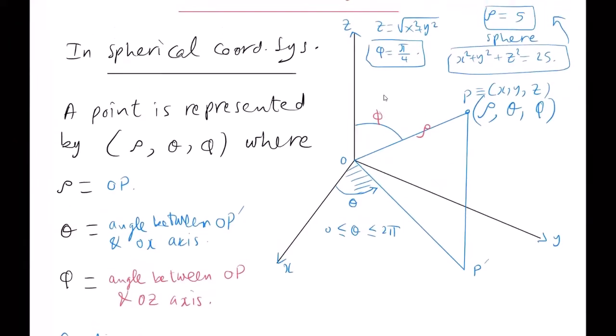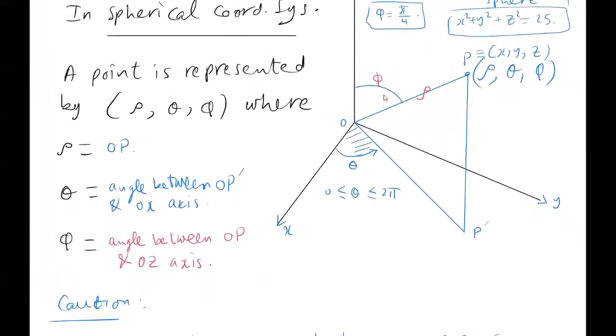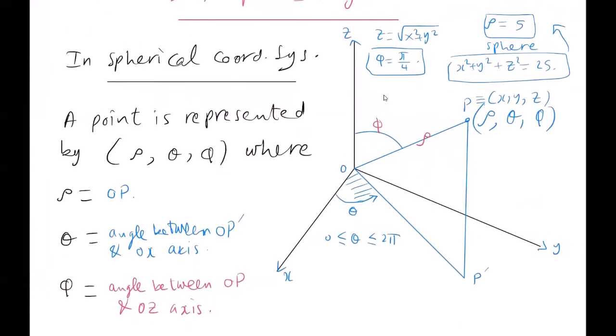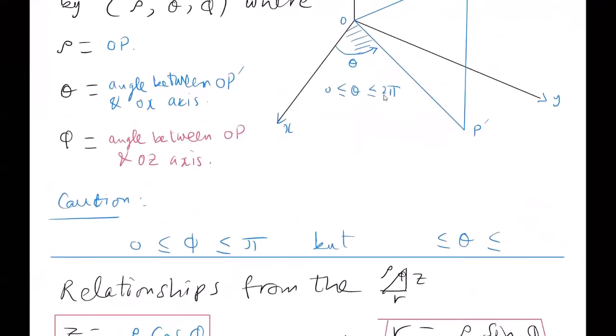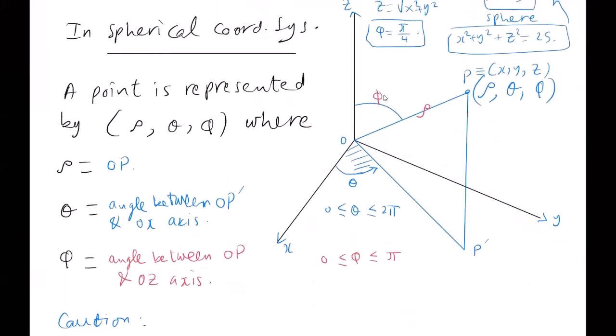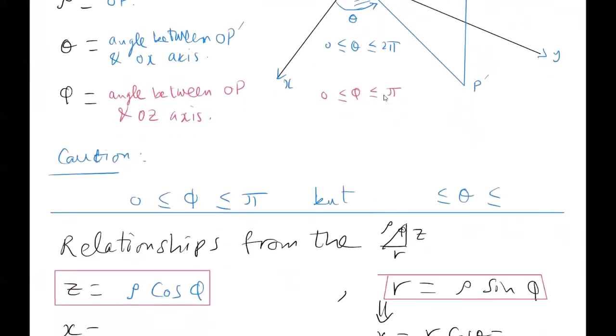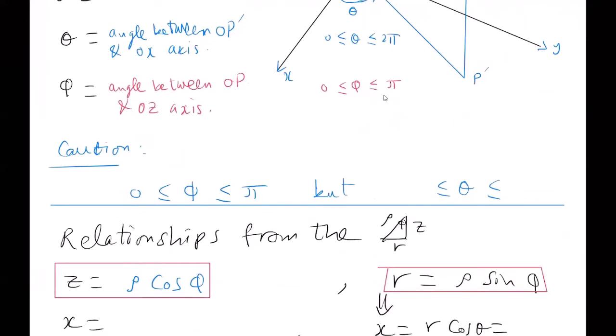Notice that this can be in any direction, and phi is between 0 and pi. Phi varies from 0 to pi. This is very important. And theta is between 0 and 2 pi.